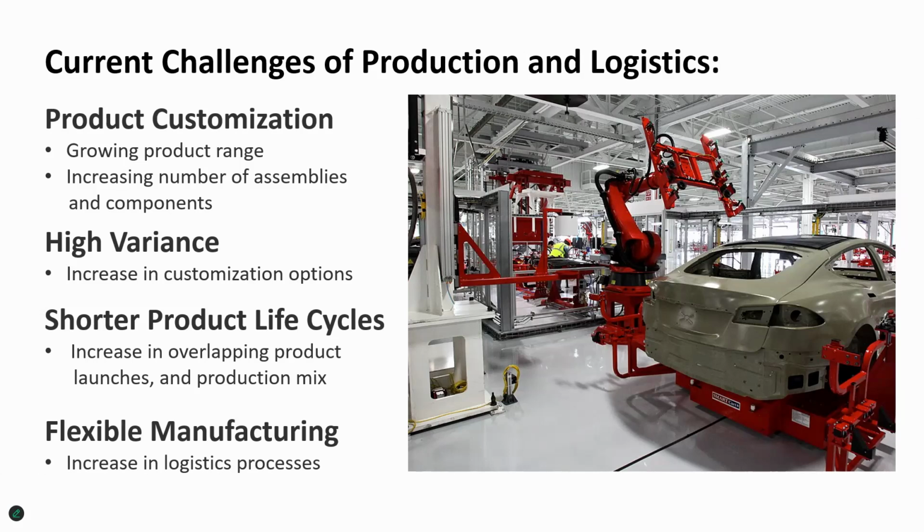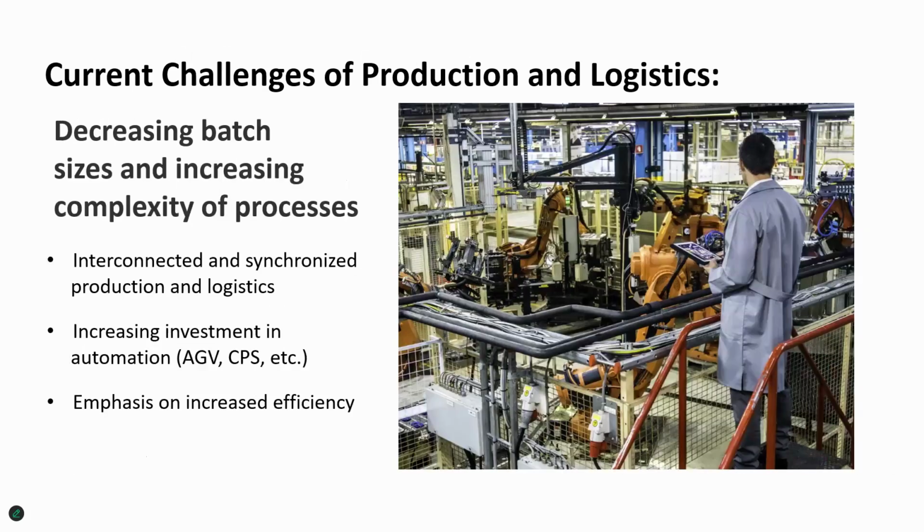And flexible manufacturing requires an increase in logistics processes. So to summarize, industry must now deal with smaller batch sizes during the production process and increasingly complex processes. Now, this requires companies to better synchronize production and logistics, to make investments in cutting-edge automation equipment and processes, and to be as efficient as possible.